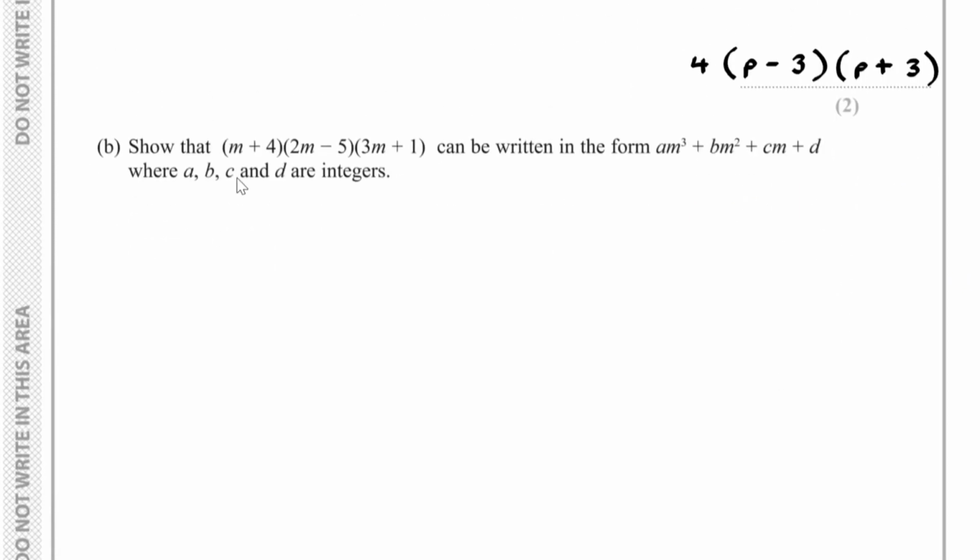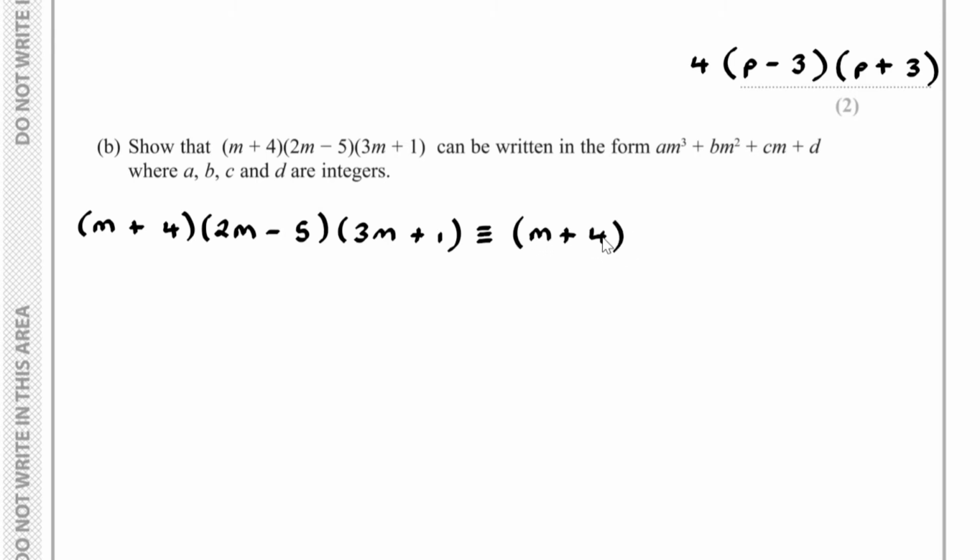Then for part B, we have to show that m plus 4 multiplied by 2m minus 5 multiplied by 3m plus 1 can be written in the form am cubed plus bm squared plus cm plus d, where a, b and c are integers. Well, if we have m plus 4 multiplied by 2m minus 5 multiplied by 3m plus 1, I can multiply together the 2m minus 5 and the 3m plus 1.